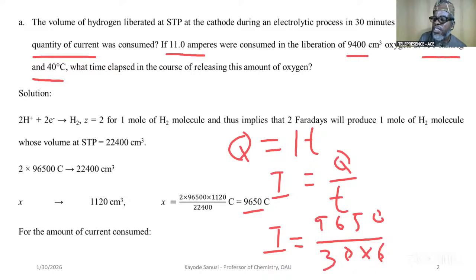But a tweak to the question is that that process was not conducted under standard condition, because the pressure at that moment was said to be 750 millimeter of mercury, and the temperature was not at room temperature. It was 40 degree Celsius.